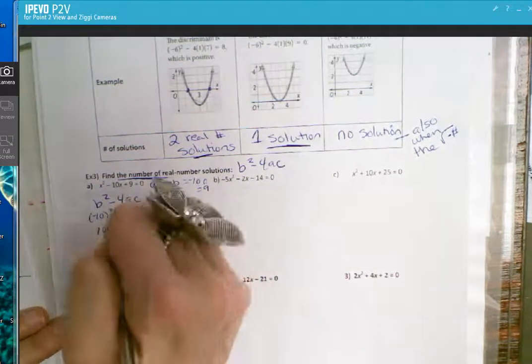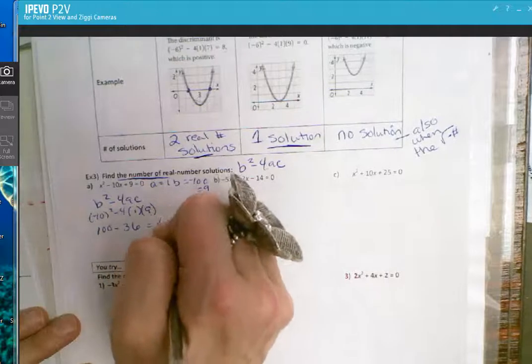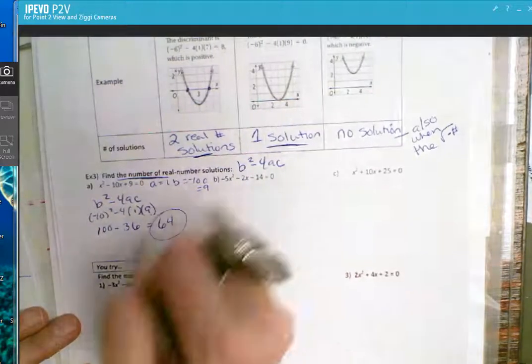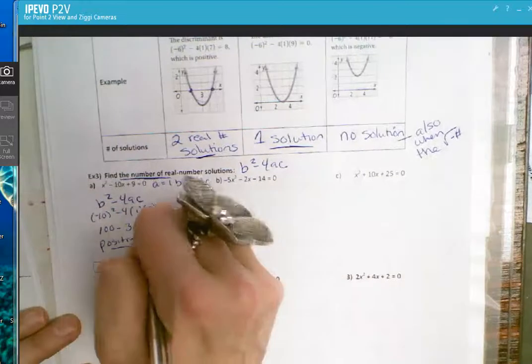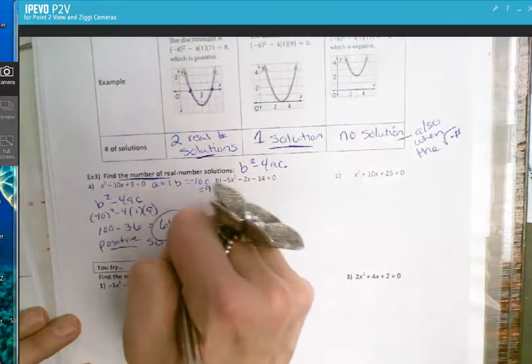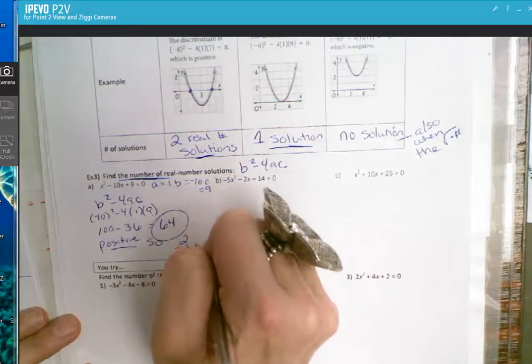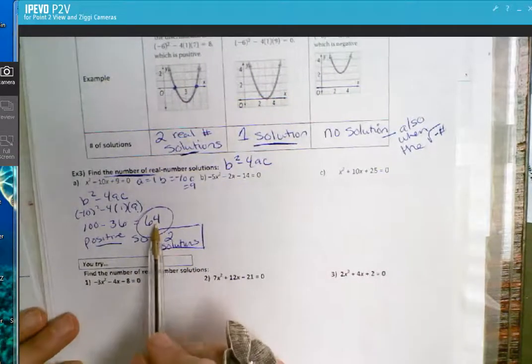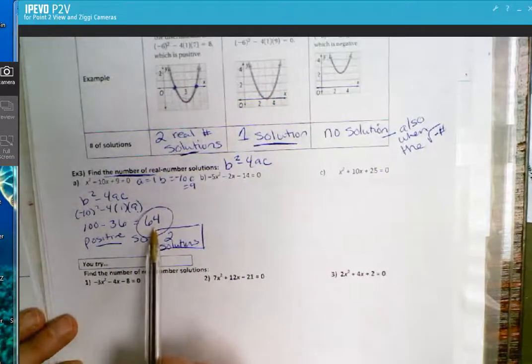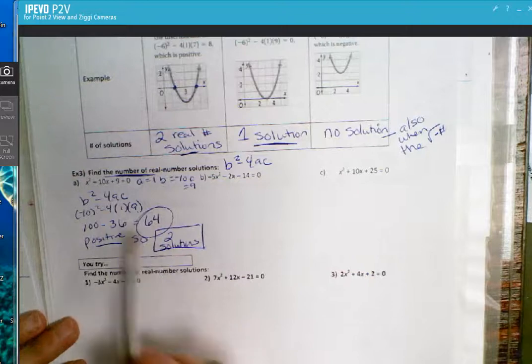So it equals 64. 64 is not an answer. It's a positive number, so 2 solutions. 64 is not my solutions. It just tells me it's positive, it's above 0, so I have 2 solutions. Then I can go find what those 2 solutions are.